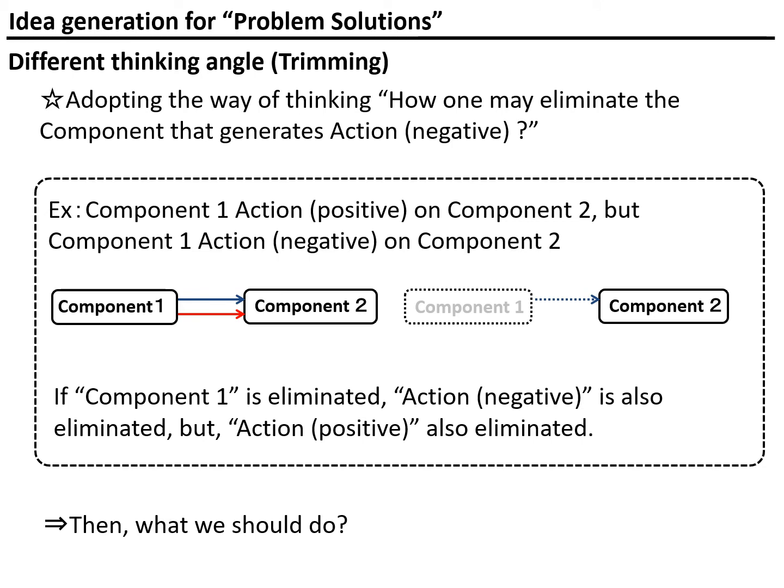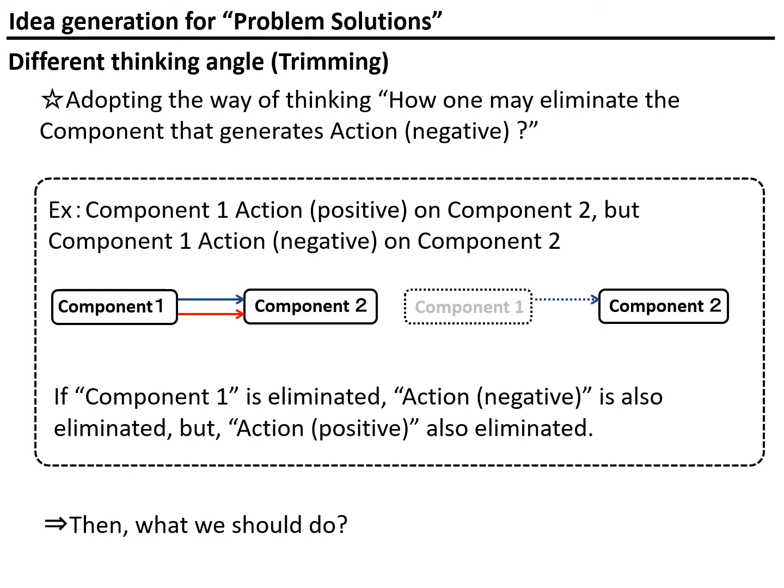The negative action is obviously eliminated, but the positive action is also eliminated. So the first definition of the problem could be transformed into a different situation. If you start from this viewpoint, you may come up with something new.